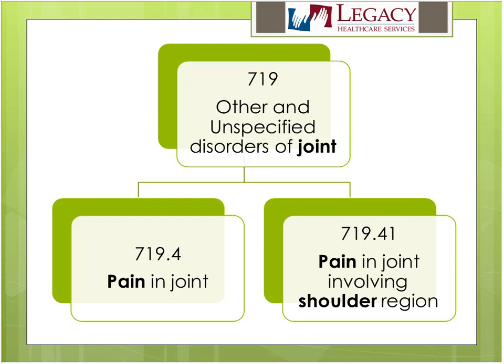719.4, so we're adding that fourth digit, now tells us that it's not just a joint, but there's pain. That's the problem in the joint, is there's pain. We still don't know where that pain is located, but by adding the fifth digit, that tells us that the pain is in the joint and it's in the shoulder.